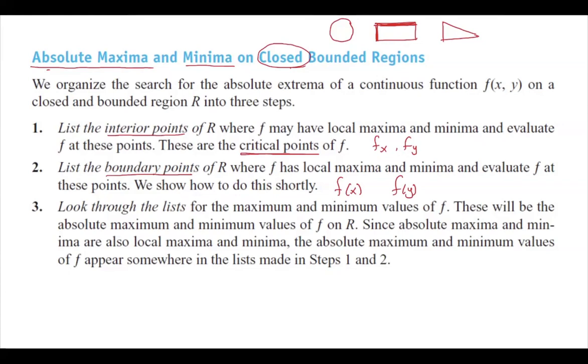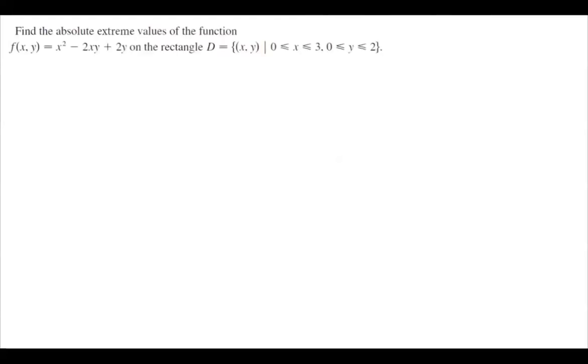Let us explain this using an example. In this question, we have x squared minus 2xy plus 2y, which is a function. We want to find the extreme values of the function over rectangular region D, x and y, such that x is bounded between 0 and 3 inclusive, y is bounded between 0 and 2 inclusive.